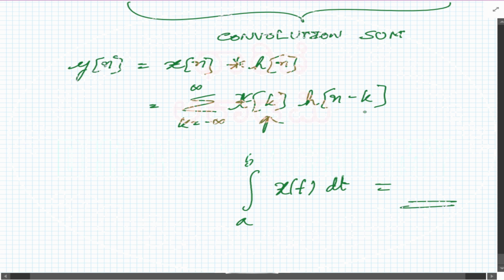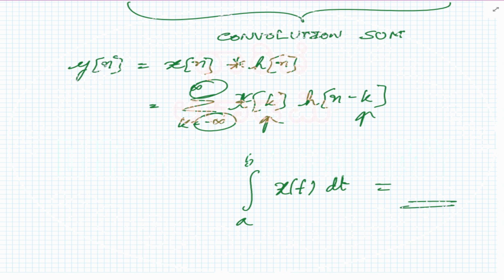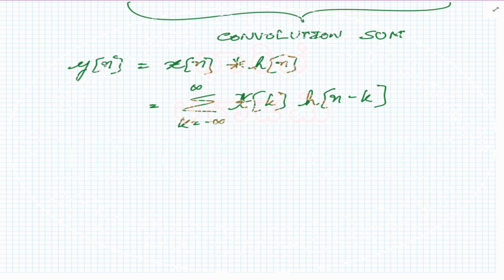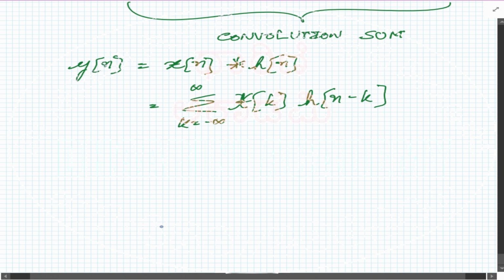So k will vanish because you put k as values from a to b, in this case minus infinity to plus infinity. So I am not going to have k in my final answer, but for the purpose of convolution, k becomes your variable. The time axis is for x of k and h of n minus k. If I try to plot x of k and h of n minus k, k is my variable, not time. n will not be there.